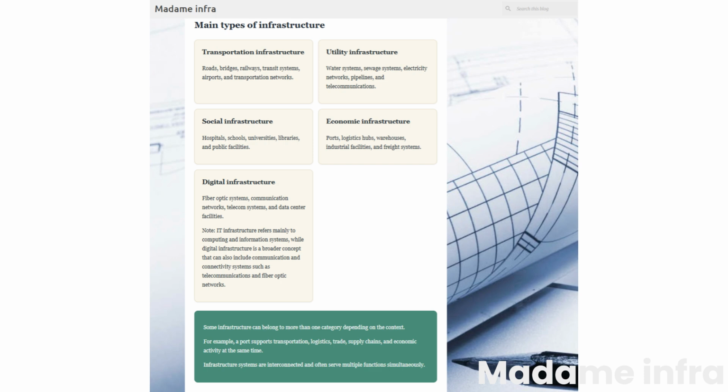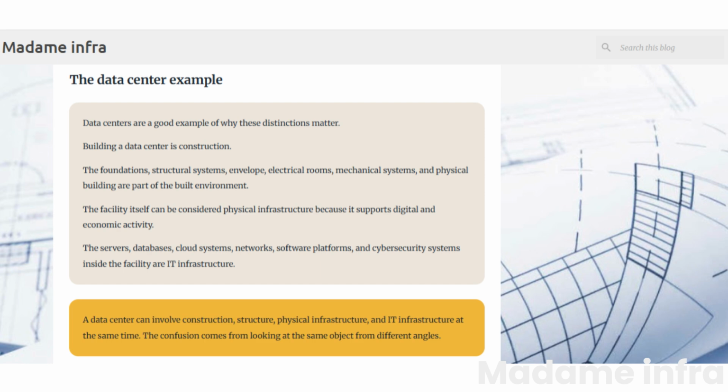The data center example. Data centers are a good example of why these distinctions matter. Building a data center is construction. The foundations, structural systems, envelope, electrical rooms, mechanical systems, and physical building are part of the built environment. The facility itself can be considered physical infrastructure because it supports digital and economic activity.